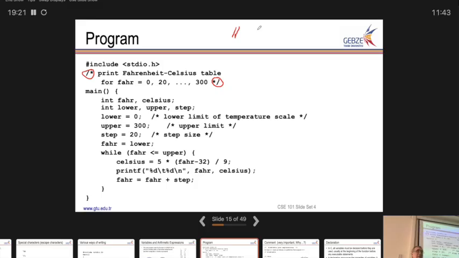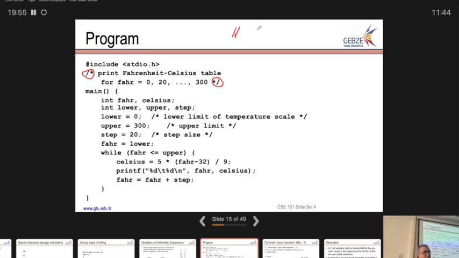But there are differences. If you want to comment 5 lines with double slash, you have to have double slash at the beginning of each line. But with this structure, slash star, star slash, anything in between is commented out. So you can comment out a big paragraph of code with just 2 locations.